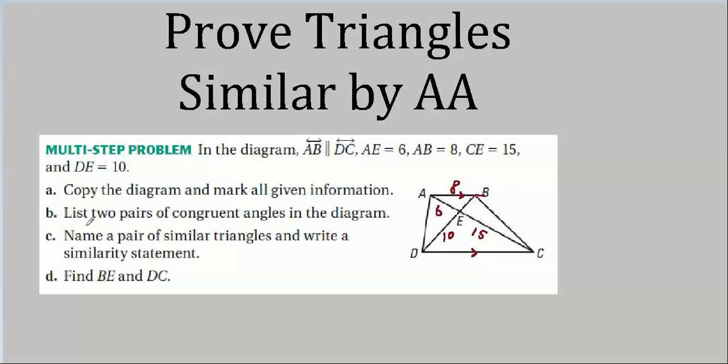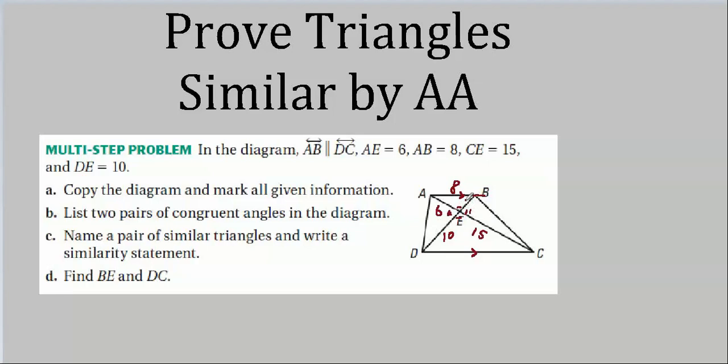Name a pair of similar triangles. Well, see if we got room. Boy, that's awful. Okay. Well, these two are congruent. And this angle is congruent to this angle. Wait a minute, that's not right.